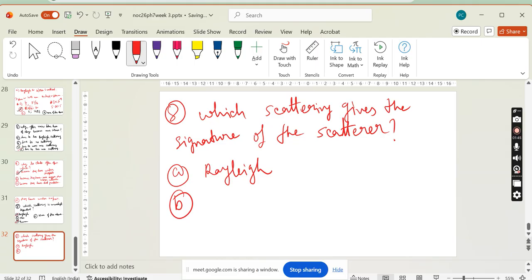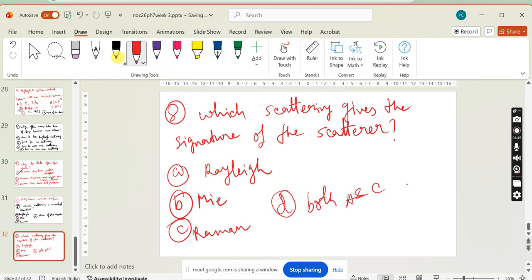So you can see that Rayleigh doesn't give that. Rayleigh is wavelength dependent, but of the light that is being scattered. It doesn't depend on the scatterer, if the size of the scatterer is way below the wavelength. Mie, Raman scattering, and D is both A and C. So the answer is Raman.